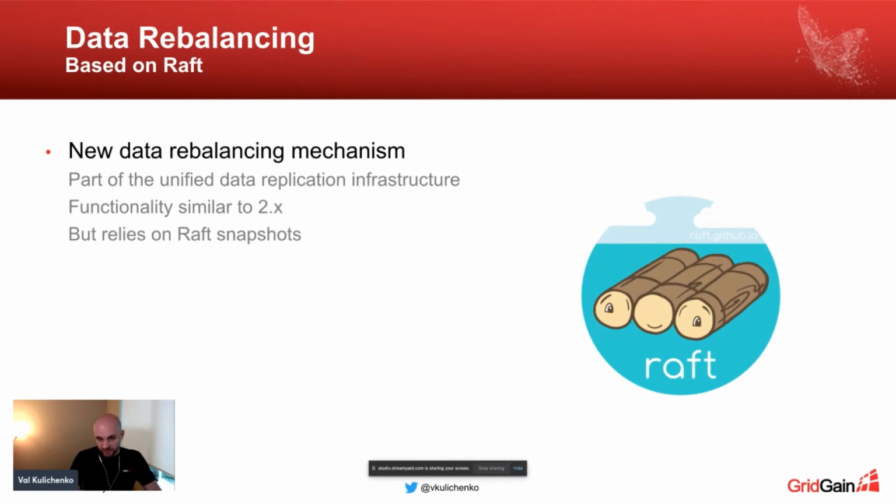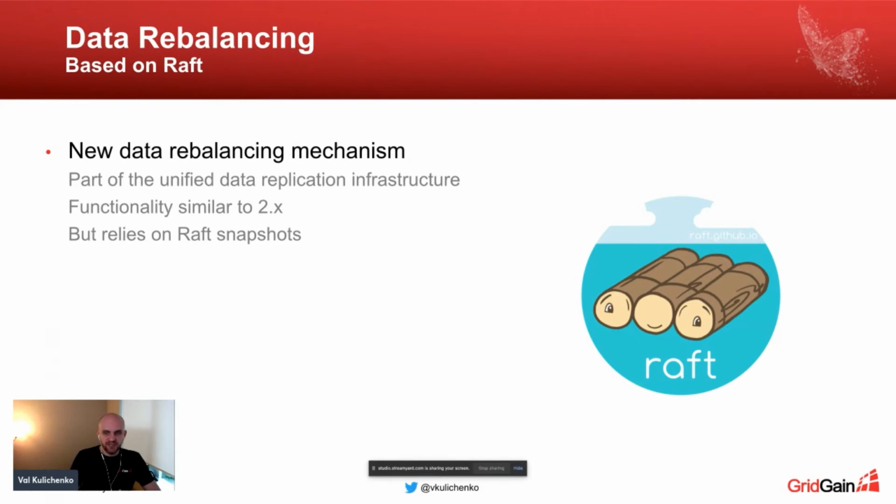And one of the examples is data rebalancing. So instead of implementing a brand new protocol for rebalancing, as we essentially have in Ignite 2, we're using the Raft replication infrastructure, the data replication infrastructure, which I've mentioned earlier, and specifically using Raft snapshots for data rebalancing.